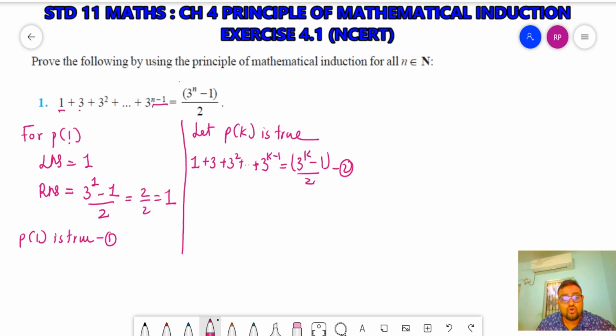Now for P of k plus 1, what do we have to prove? We have to prove P of k plus 1 is true.